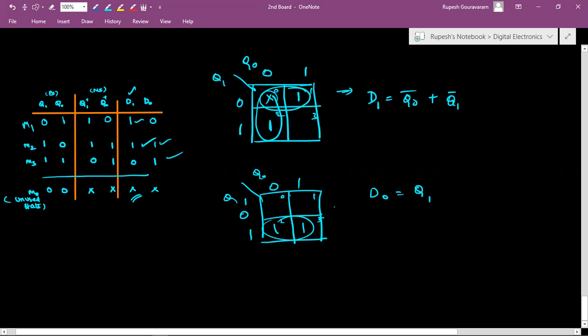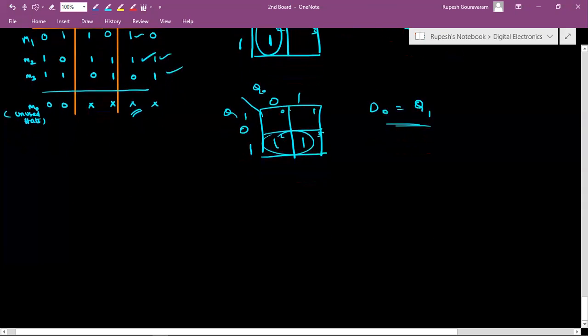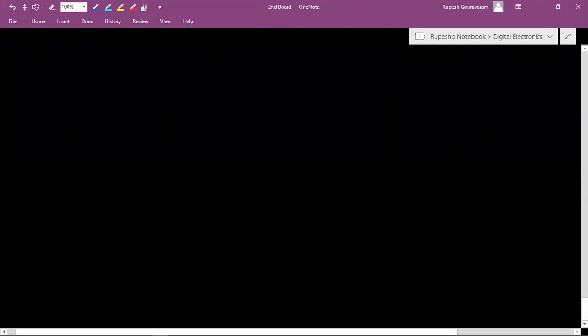D0 is the same as Q1. Now we know already that we require two flip-flops. Both are D flip-flops only. So let us construct based on this K-map. We have these two values: D1 is equal to Q0 bar plus Q1 bar and D0 is Q1. Based on this, we now construct the flip-flops.